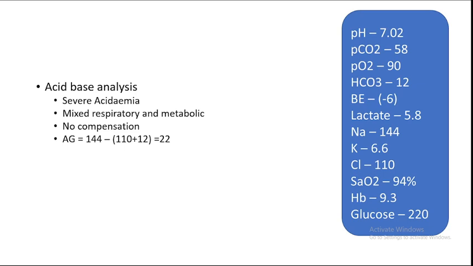Then, because there is a metabolic component, we are going to look at the anion gap. Anion gap is 22. There is a significant anion gap. So he has a high anion gap metabolic acidosis. Other parameters, high lactate, 5.8. So the patient with the cardiac arrest, definitely there is tissue hypoperfusion, so it has caused a high lactate level.